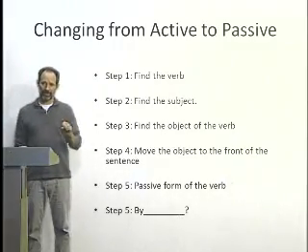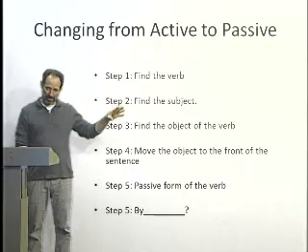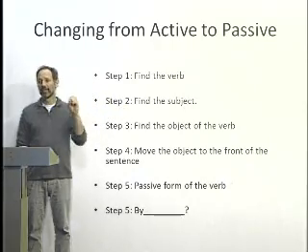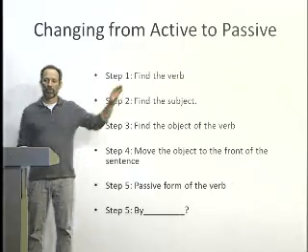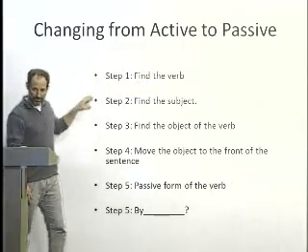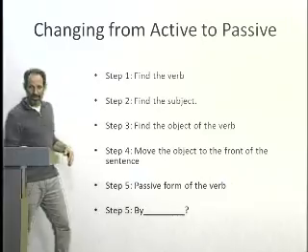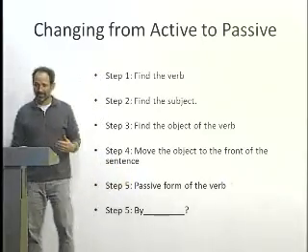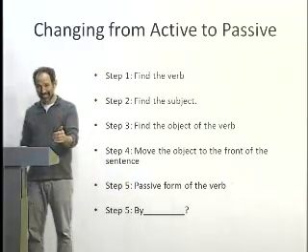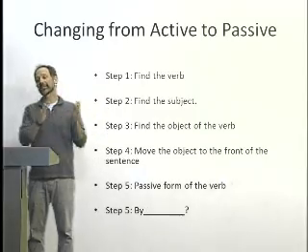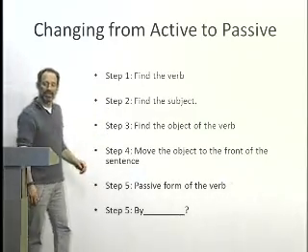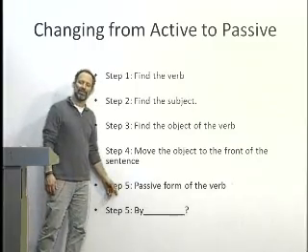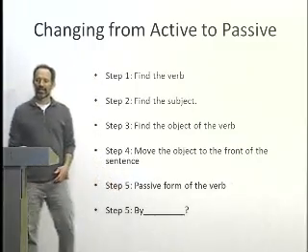We do that by saying the subject, then the verb, then we ask who or what. We move that object to the front of the sentence. Then we figure out what the passive form of the verb is, some form of be plus V3. And then we decide, do I need to have the by phrase?